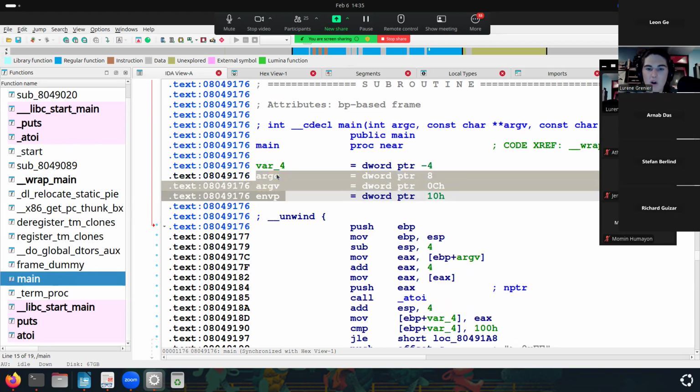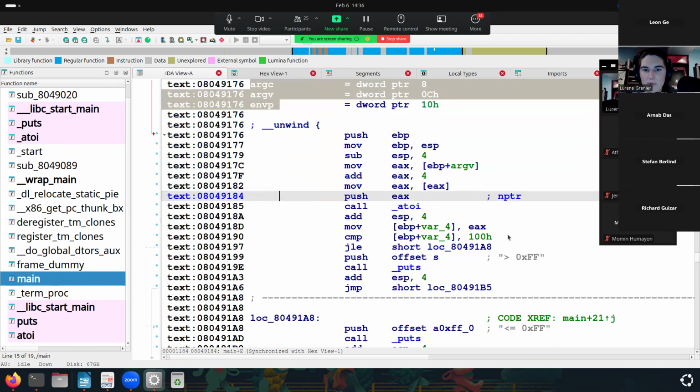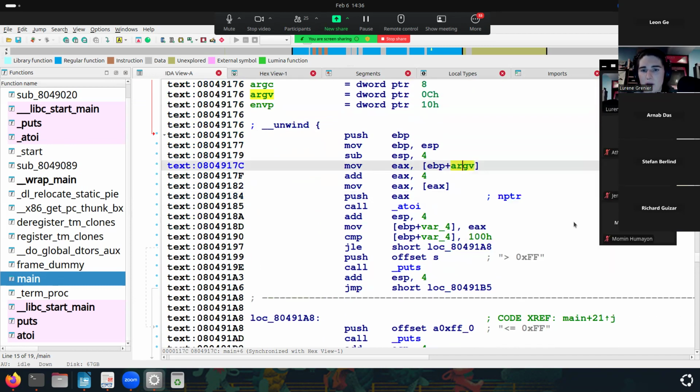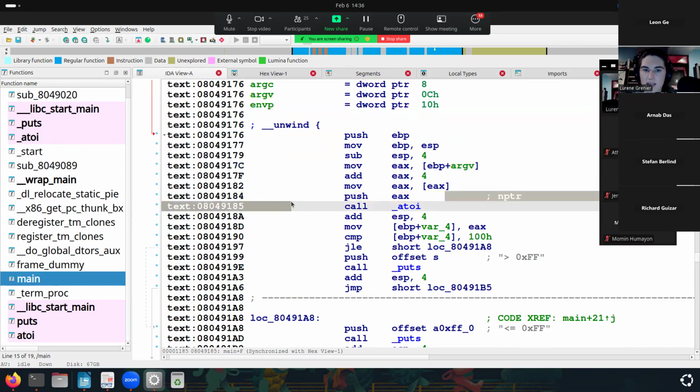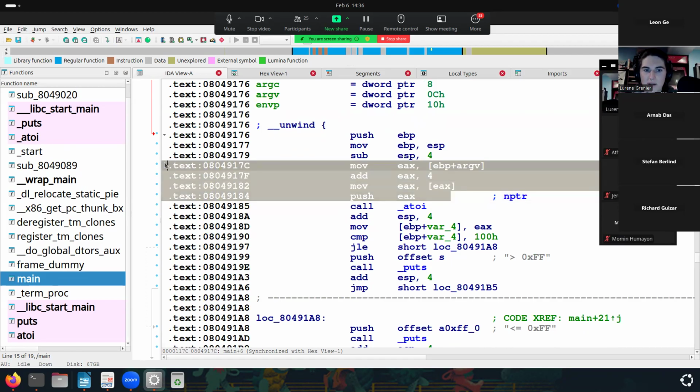But if we know what all the arguments to a function are, we can see them throughout the program. We can be like, oh, that's argv. I know what argv is, and I understand, therefore, exactly what's going on here because I understand argv, right?